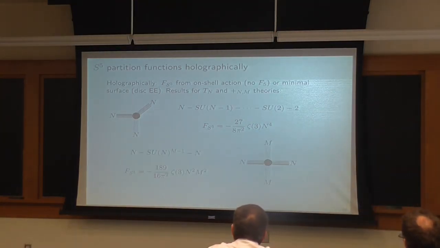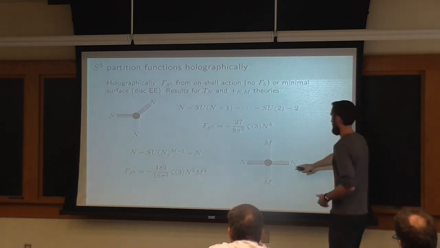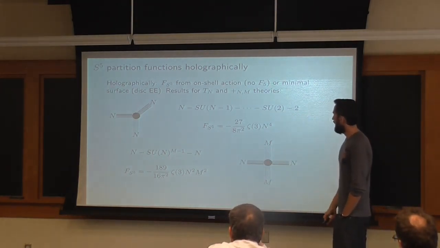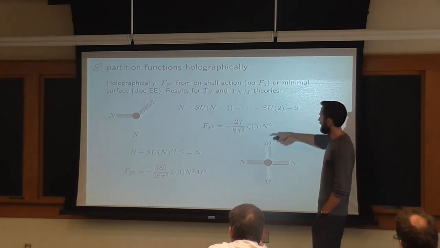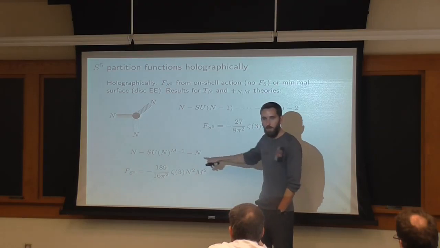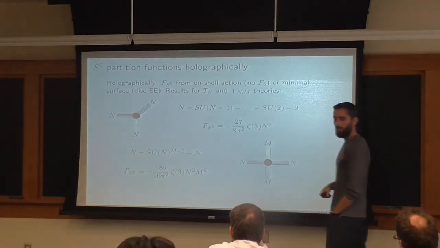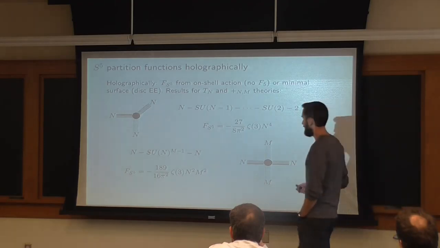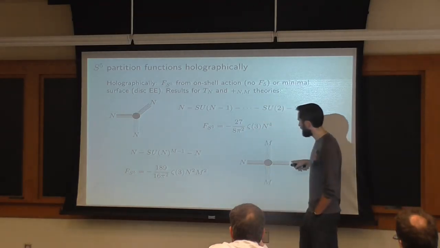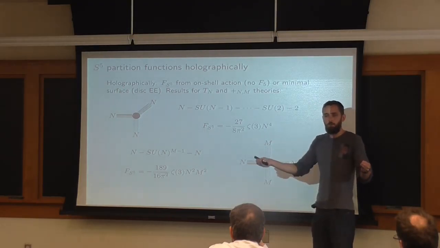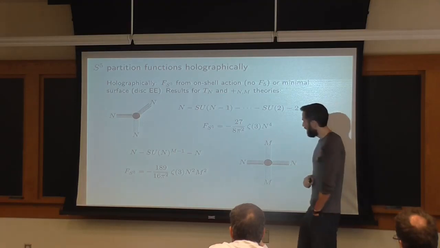Second example which I want to look at is a slightly different intersection, just N D5 branes and M NS5 branes. The gauge theory deformation is a similar quiver gauge theory, except you get a bunch of SU(N) gauge nodes, M minus 1. And if you would do the exercise of counting the fields in the free field realization, you would find that it should scale as N squared M, because you have M SU(N) gauge nodes, and linearly with M, because each node just gives you an N squared.